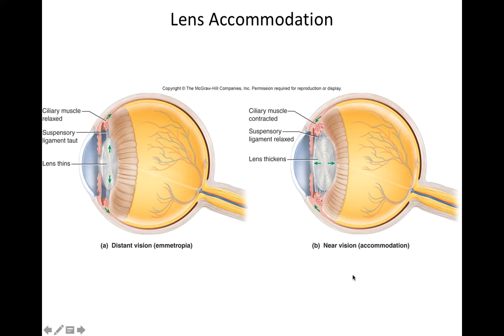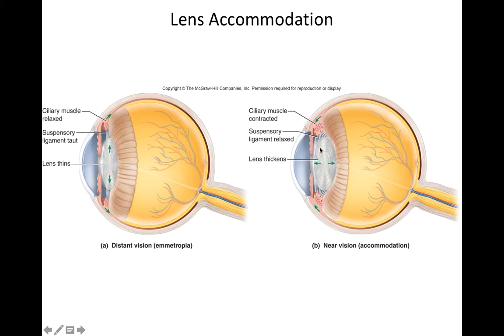If I need to accommodate for near vision, the ciliary muscle has to contract. It's going to contract anteriorly. So it's going to get shorter by pushing anteriorly. That's going to cause the tension in the suspensory ligaments to be removed, and the lens is going to bulge.